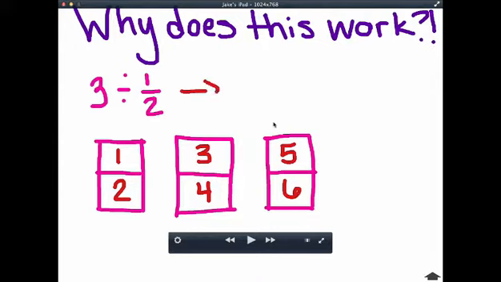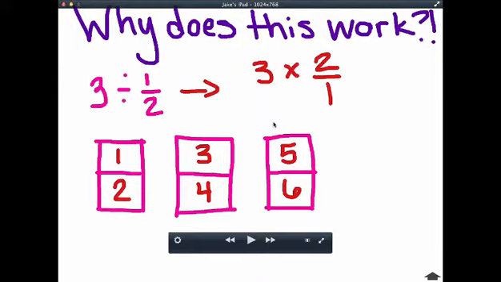So let's actually now follow a rule. If we have 3 as our whole number, we can actually turn that into a fraction to make it a little bit easier to work with if we need to. But right now, I'm just going to leave it as it is. So I have my 3, and I'm going to multiply by the reciprocal of 1/2. So I'm going to multiply it by 2 over 1.